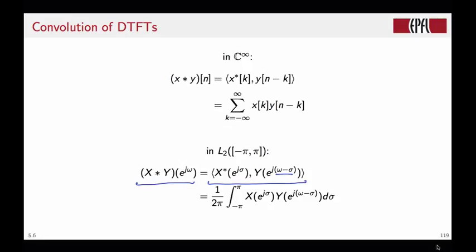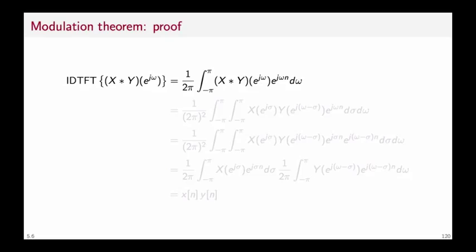And if we apply the definition of the inner product for L2 of minus pi pi, we get that the convolution between two Fourier transforms is 1 over 2 pi times the integral from minus pi to pi of big X of e to the j sigma times big Y of e to the j (omega minus sigma) d sigma.